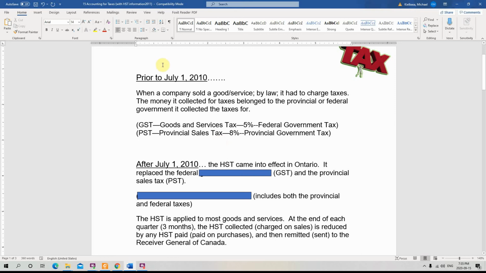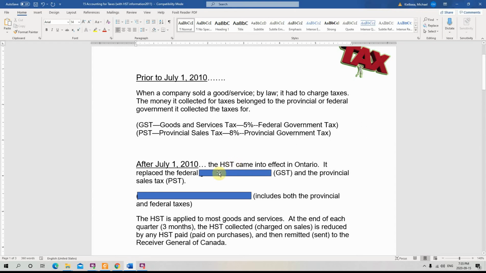Now, after July 1st, HST came into effect in Ontario. HST was already in effect in the Maritimes prior to 2010, but it came into effect in Ontario on July 1st.